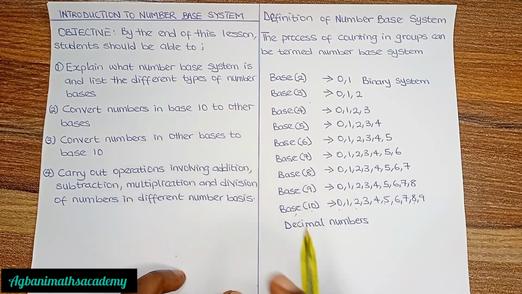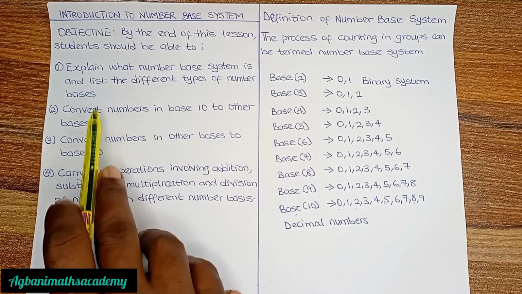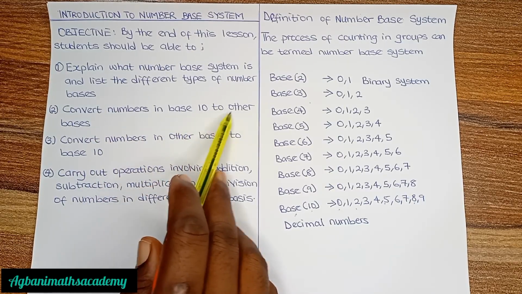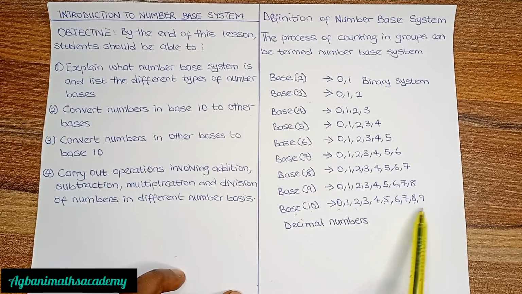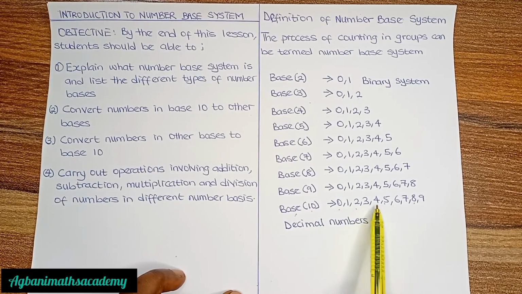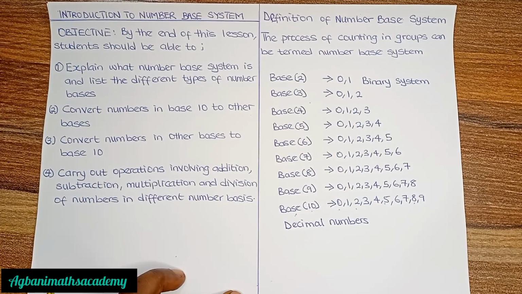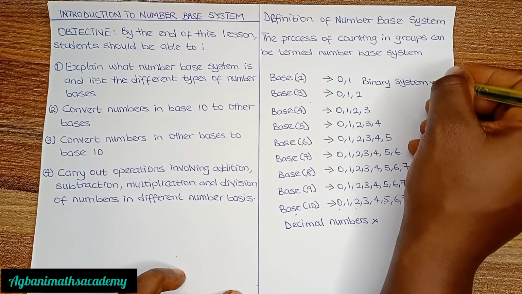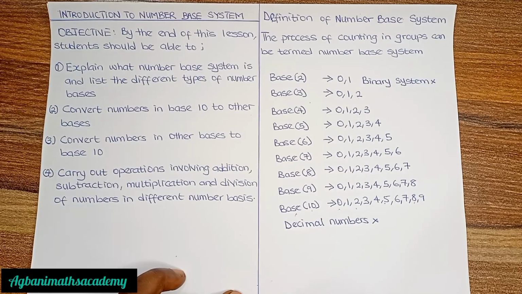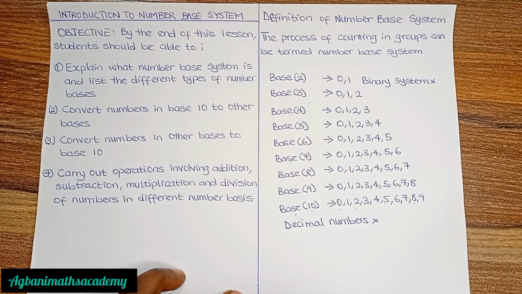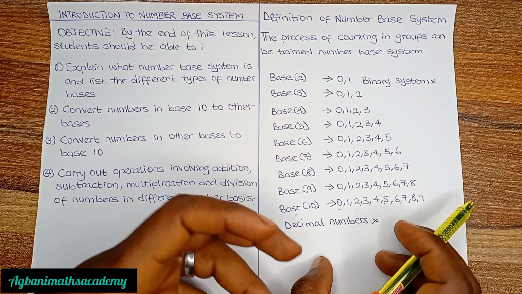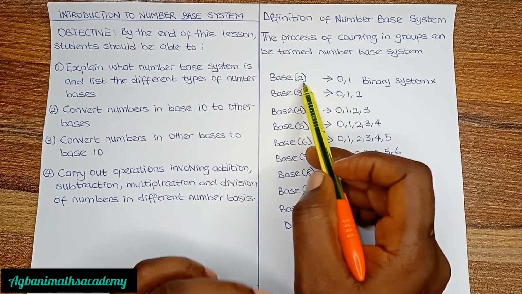So let's compare this to the objective of the lesson. We are going to see how to convert numbers in base 10 to other bases. Since we are used to this type of numbers, we are going to see how to convert numbers in base 10 to any of these bases. And we're also going to see how to convert from any of these bases to base 10. But the two most important bases are base 10 and base 2. Why are they important? Because we as human beings in this civilization use base 10, but computers and different electronics that we use, they use base 2.